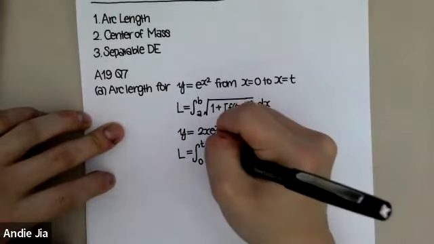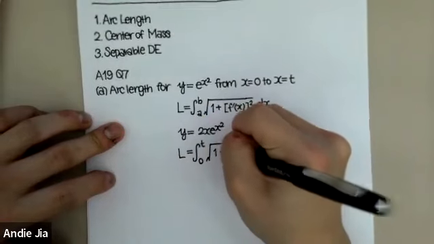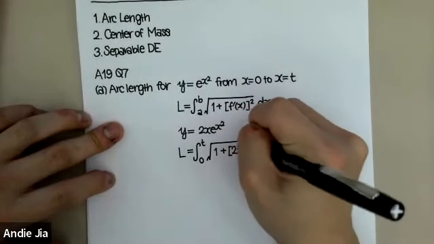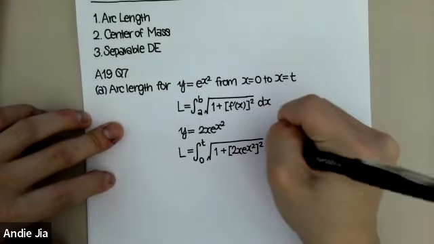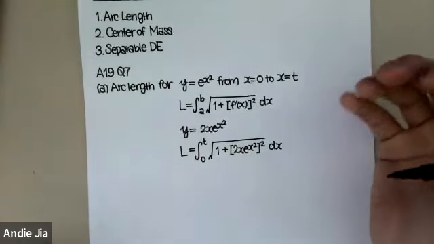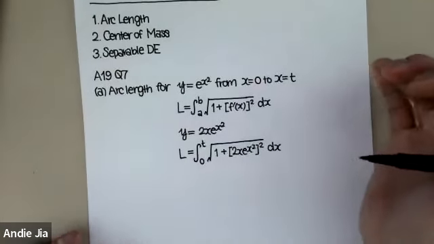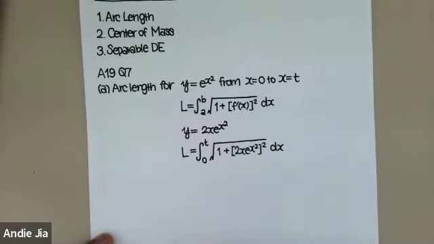You have 1 plus 2x e to the x squared, squared, and that's going to be a very nasty integral to evaluate. So that is the arc length expression.